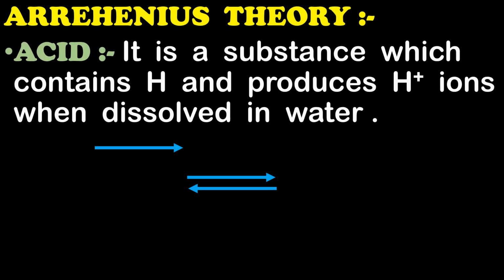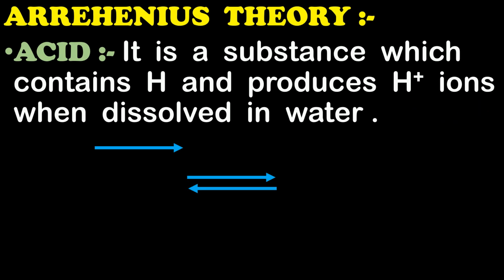It says that an acid is nothing but a substance which contains hydrogen and produces H plus ions when dissolved in water. So if any substance has hydrogen in it and after dissolving it in water, it is giving out H plus ions, then it is an acid.